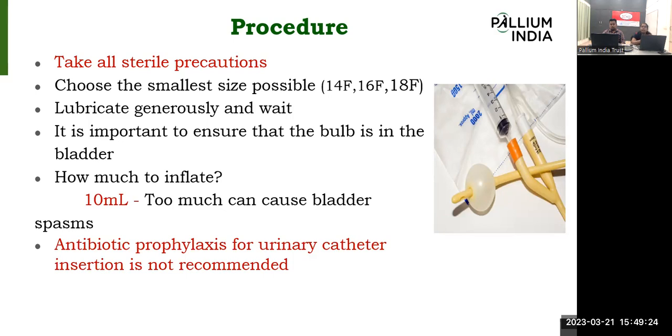Sometimes in the urobag, when the urine comes out from the bladder through the tube into the urobag, it looks like a pus formation, that kind of cloudy urine. At that time you might suspect pus in the urine. You don't give any antibiotics for that.